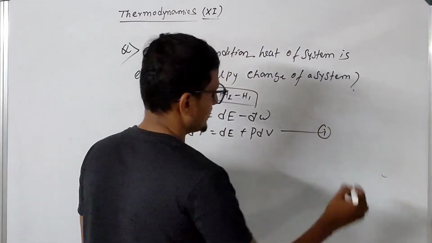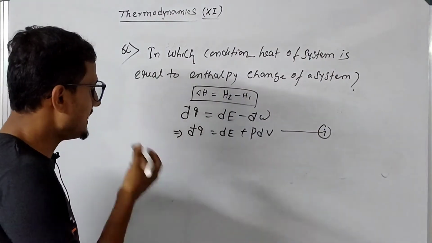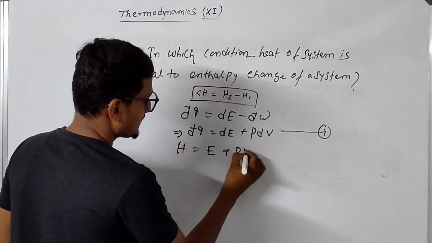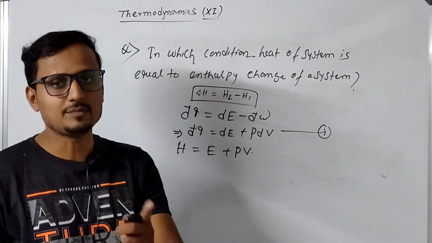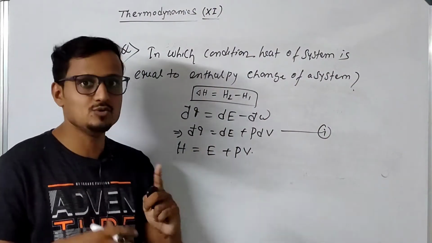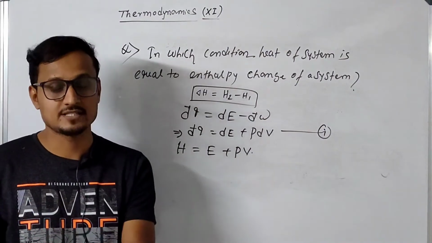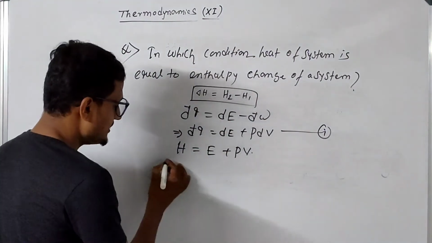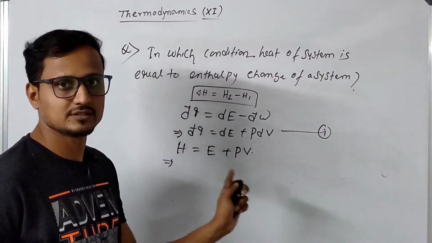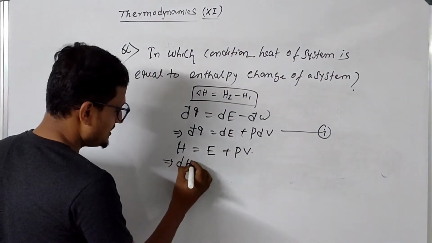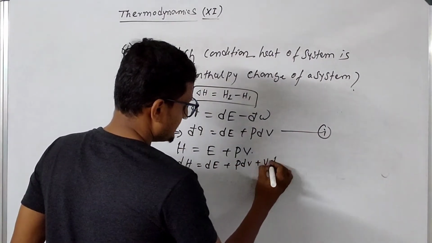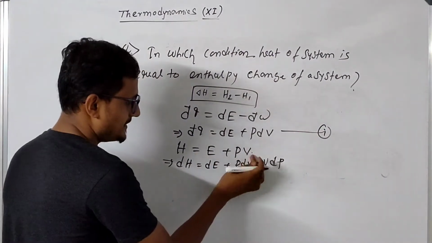This is relation 1. Okay. Now again we know H equal U plus PV or E plus PV. Now let me tell you that in some of the books the internal energy is given as U also. So you can follow U also. Okay, so H equal E plus PV. Now if we differentiate both sides, then we will get dH equal dE plus PdV plus VdP. This is relation 2.